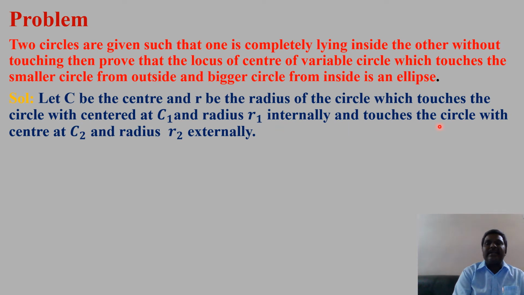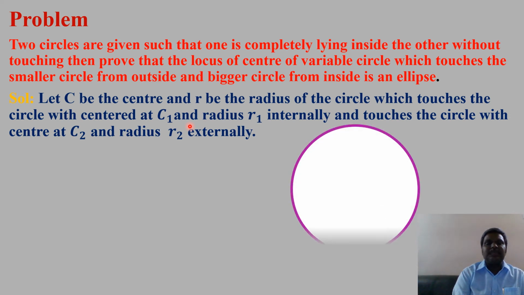This is the smallest circle, which is inside the circle with center C1 and radius R1. This is C2, radius R2, touched externally. So C is the center and R the radius of the circle which touches the circle centered at C1 with radius R1 internally, and the other circle having center at C2 and radius R2 externally. Let us see the figure.